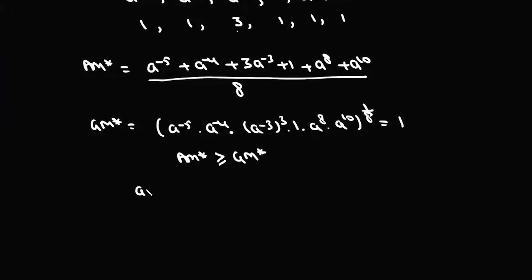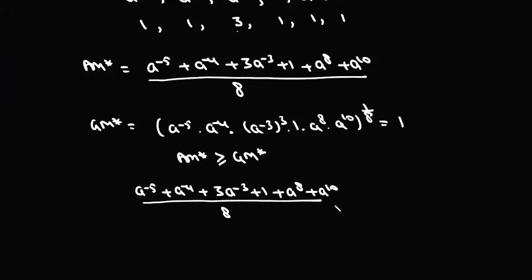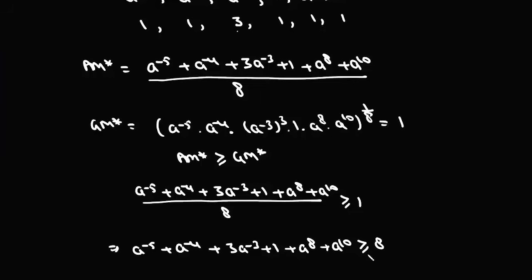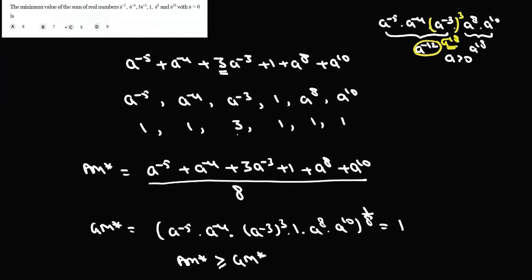So we can write a to the power minus 5 plus a to the power minus 4 plus 3 a to the power minus 3 plus 1 plus a to the power 8 plus a to the power 10 divided by 8 is greater than or equal to 1, or simply a to the power minus 5 plus a to the power minus 4 plus 3 a to the power minus 3 plus 1 plus a to the power 8 plus a to the power 10 is always greater than or equal to 8. Therefore, its minimum value is simply 8. That means the answer to this question is option C.